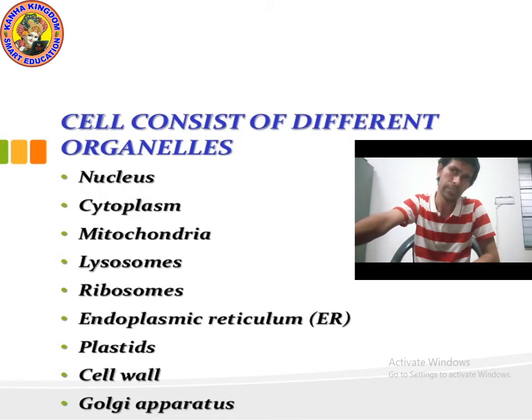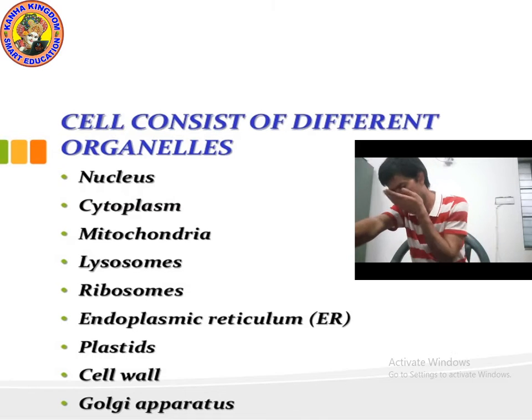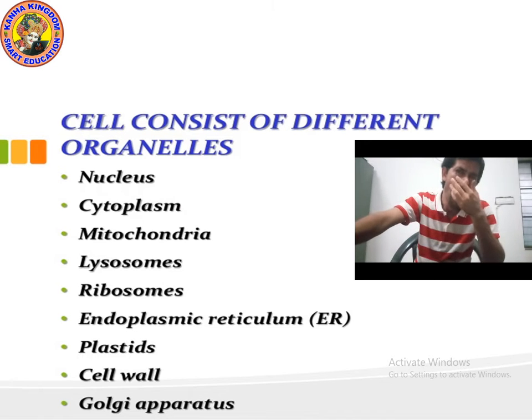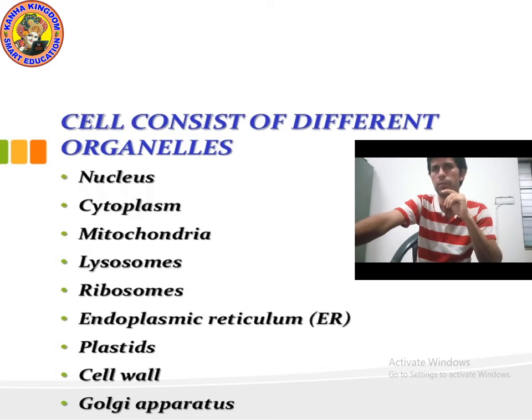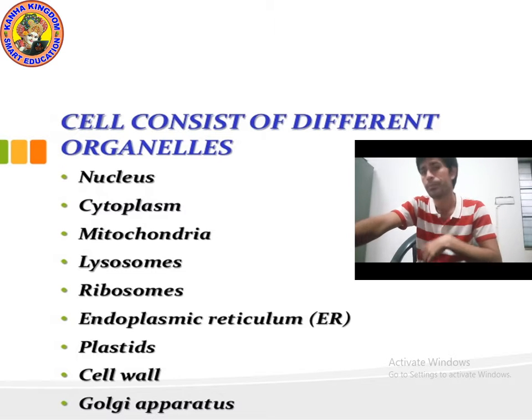Endoplasmic reticulum, ER, plastid. Plastid is present in plant cells. Cell wall is the outer part. Golgi apparatus. But remember, kids, some parts are present in plants and some in animals.